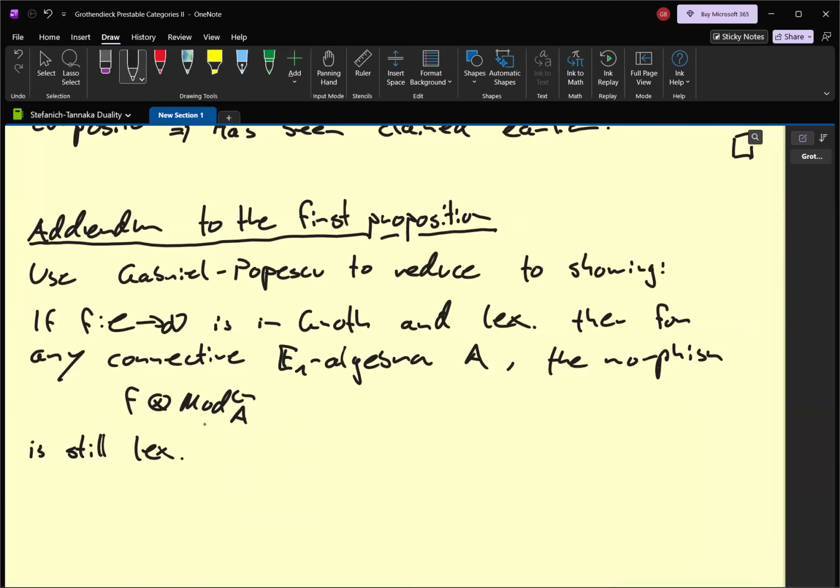So this just uses the fact that E is like a localization of mod Cn for some A, and that the adjoint there is Lex, and that essentially proves this, so you can reduce to this case.